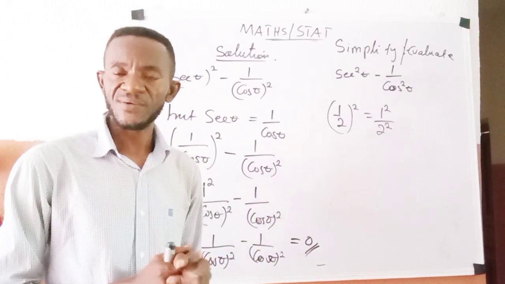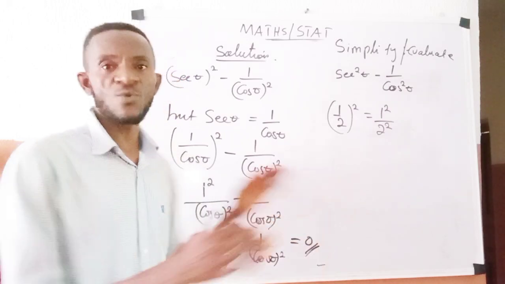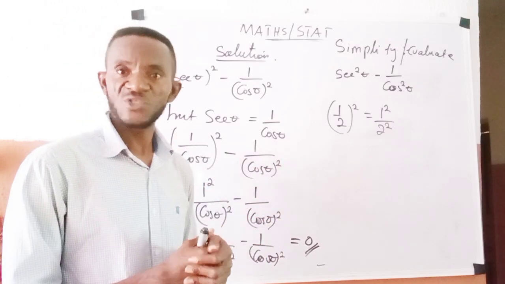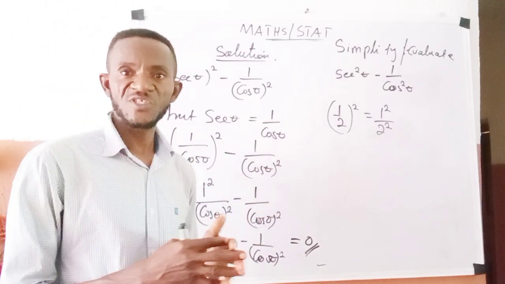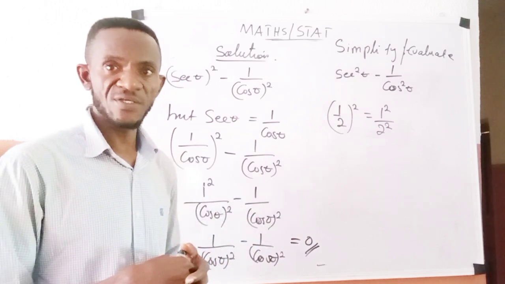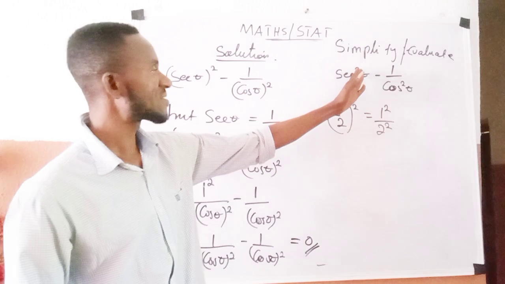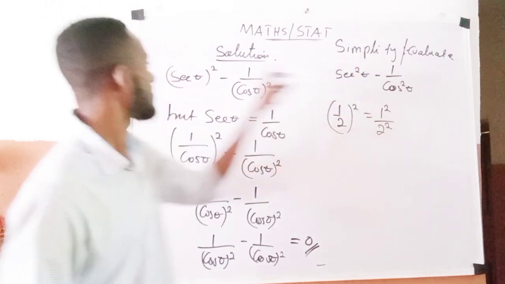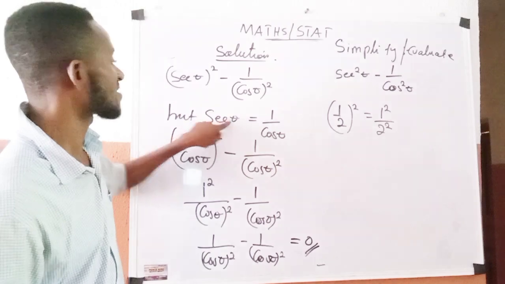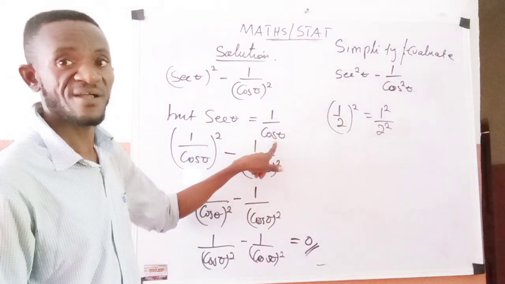Okay? So we are equally going to clear the board and then call up another question which we are going to solve, at the end of which we believe that we have left something very valuable in you. So simplifying this, remember that this can be written as this. You equally remember that sec theta is given as 1 over cos theta.